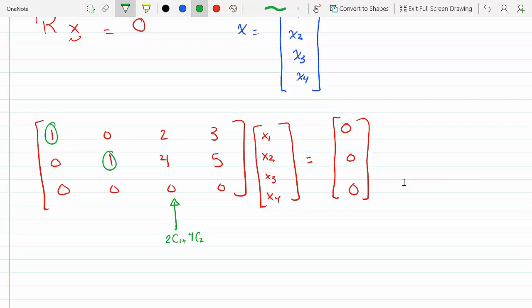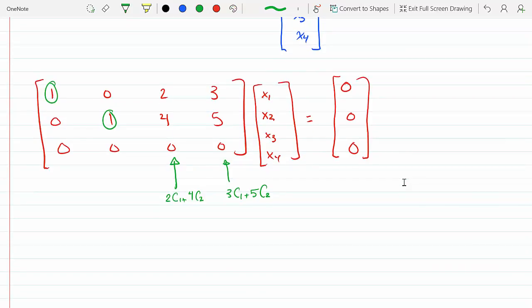It has free variables. It doesn't count. And the same exact argument can be made on the fourth column. There's no pivot on the third column, and there will be no pivot on the fourth column, because again the fourth column is 3 times the first column plus 5 times the second column. So that means we have two free variables.